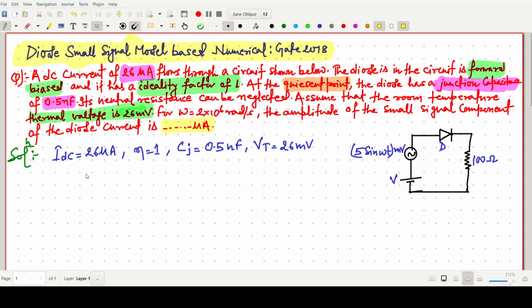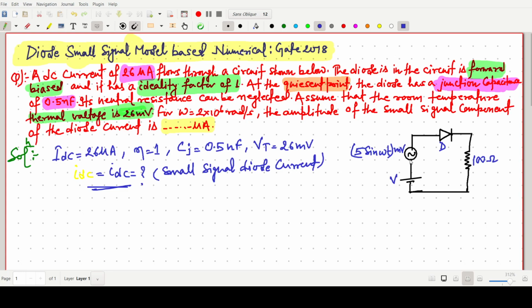We have to find the value of the small signal diode current. We are interested in the AC analysis.